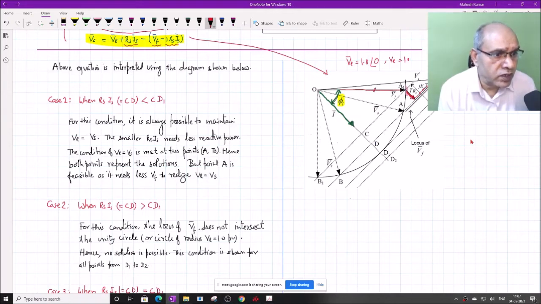If we join them together, it will equal VS dash, if there is no compensation. The angle between VS dash and VL is called delta. But we do not want VS more than 1.0 per unit. We want VS to be the same as VL.